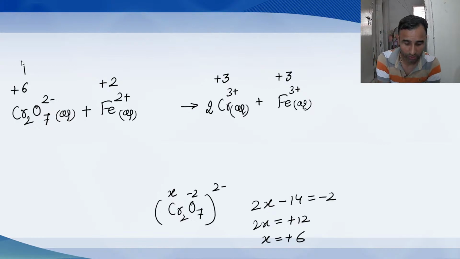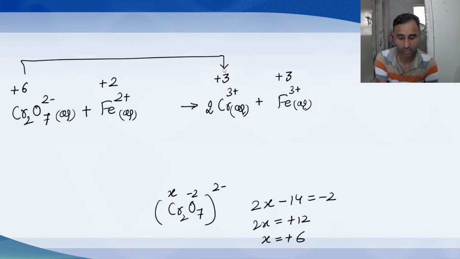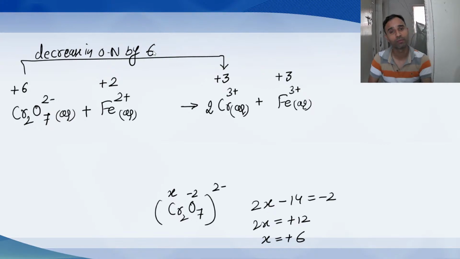So see the change, plus 6 to plus 3. There is a change of 3 per chromium, plus 6 to plus 3, a decrease in oxidation number by 3. But there are 2 chromium, so a decrease in oxidation number by 6.